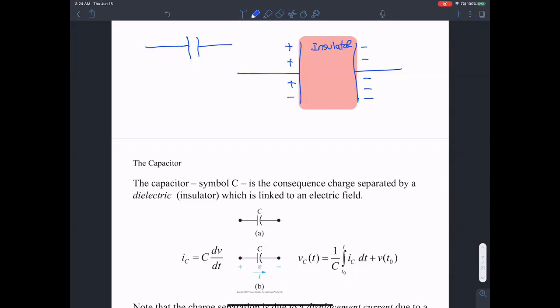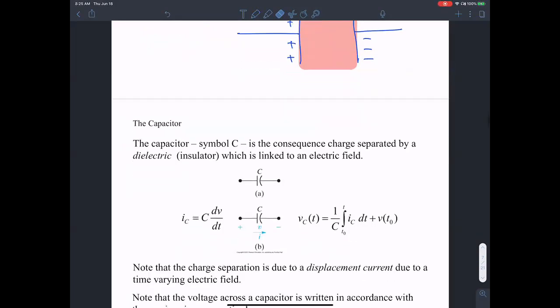But the idea is, in between, through the insulator inside a capacitance, there is no current. But in response to the changing voltage across the terminals, the displacement current around the capacitance changes. We'll talk about that in a second. But here is the construction of a capacitance.